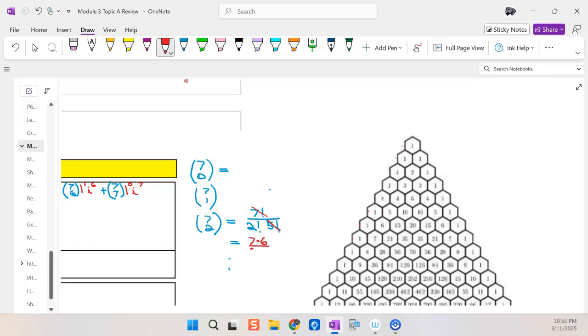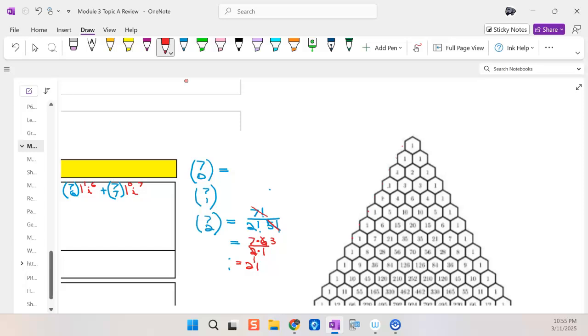Now I still have 2 factorial on the bottom. I can do some more reducing, 2 into 2, 2 into 6. So I get 21.